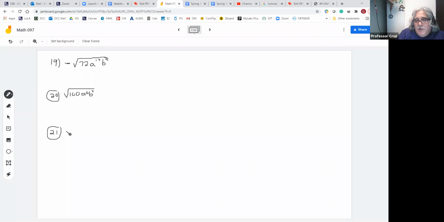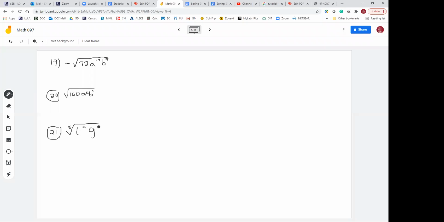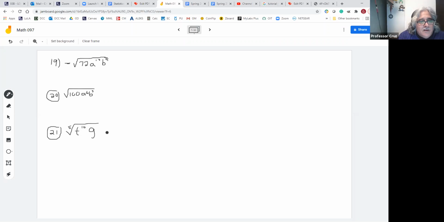These are in my math lab, so this will kind of prepare you for when you get there. That's a fifth root, but it works the same way. And since you've only got variables, is that for number 19? Is that a to the 12th? I'm going to go back and check. I think it is.